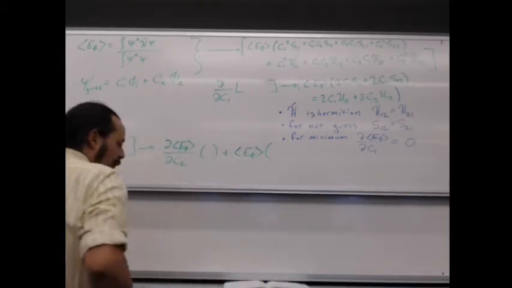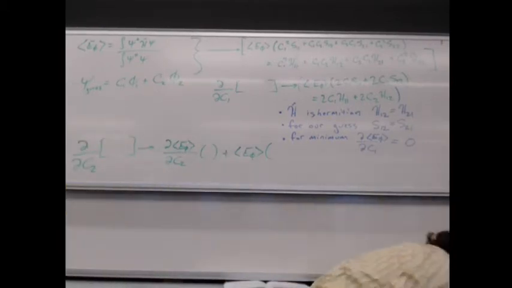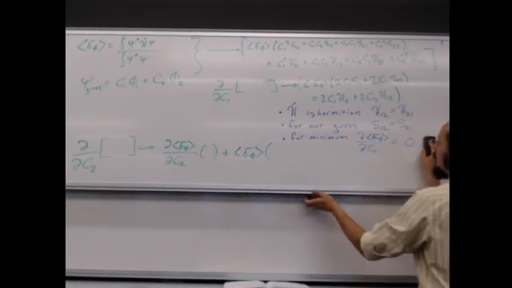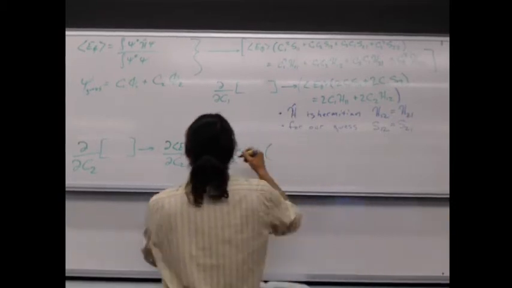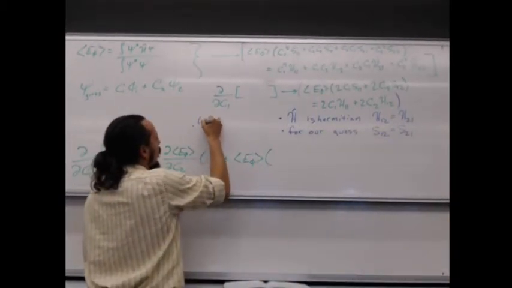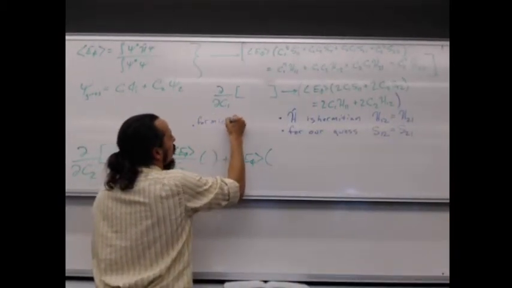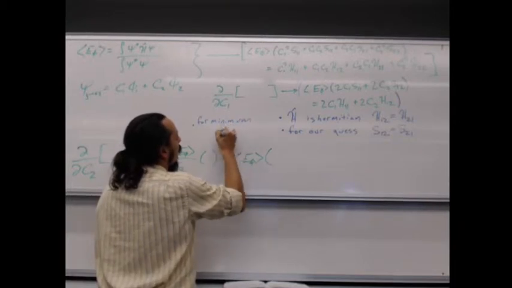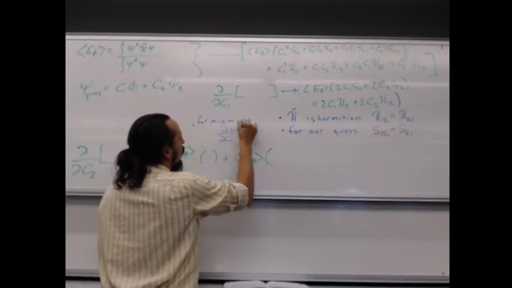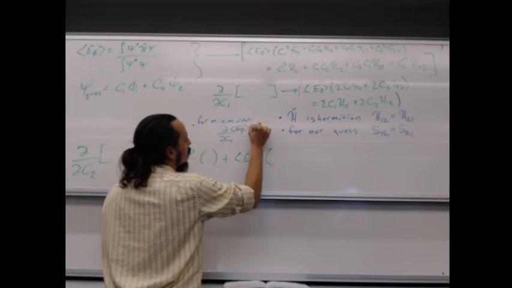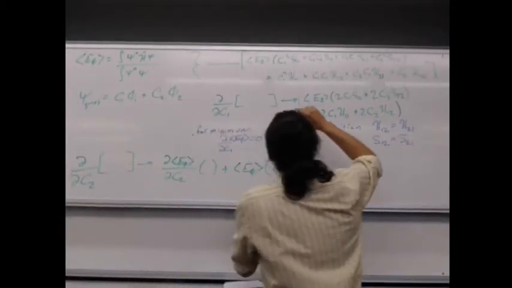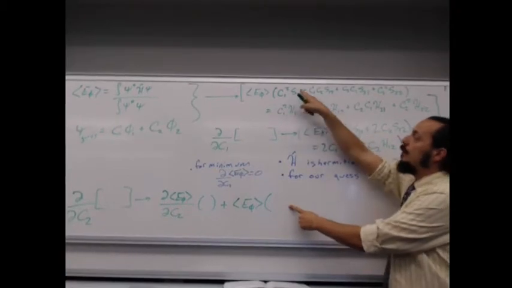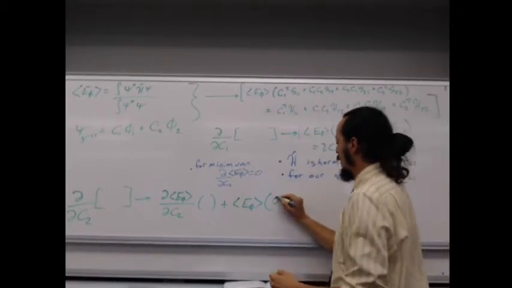And I'm already going to apologize because I'm going to erase the thing I just wrote so I have space to write this out. Sorry about that. So we're going to do the derivative with respect to C2. That first term is going to be a 0.